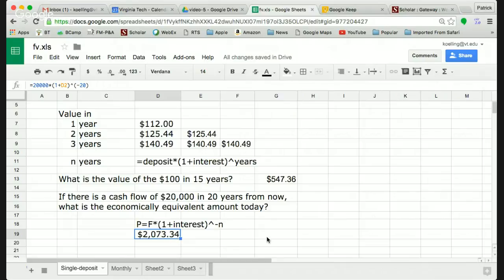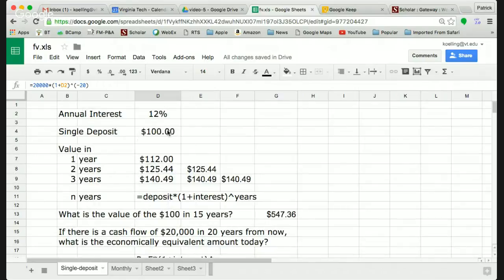Now, let's talk about economic equivalence for just a moment. $100 today at 12% interest is economically equivalent to $125.44 2 years from now. It's also economically equivalent to $140.49 3 years from now, and to $547.36 15 years from now.